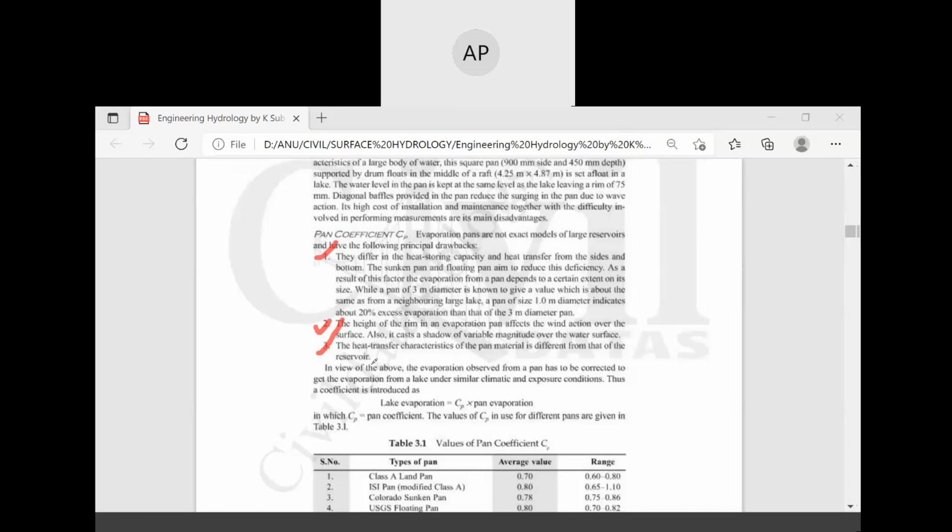So in view of the above, the evaporation observed from a pan has to be corrected to get the evaporation from a lake under similar climate and exposure conditions. Thus, a coefficient is introduced as lake evaporation equals Cp times pan evaporation, where Cp is the pan coefficient, and the value of Cp is different for different pans.